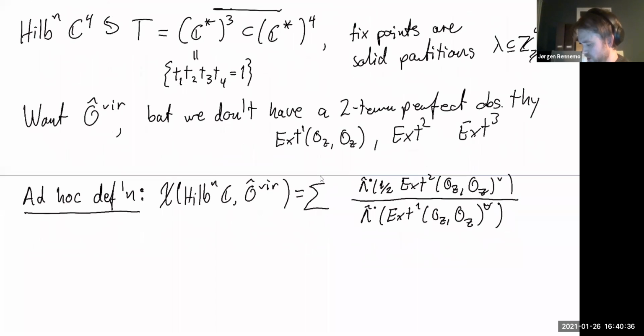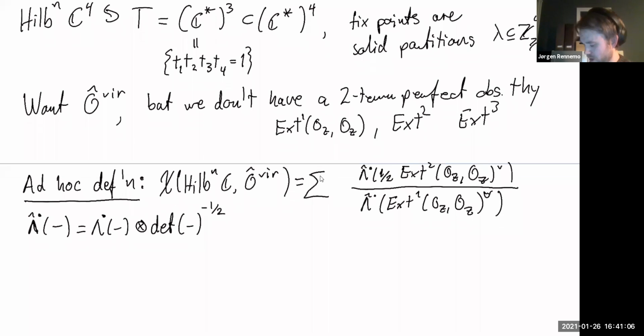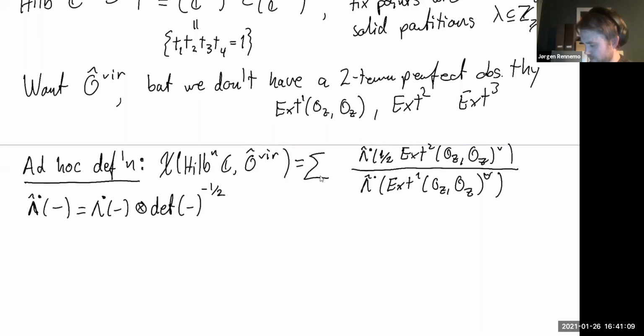I need to explain the notation here. The simplest thing to explain is that I've added a hat on my wedge bullet, which just means take the old wedge bullet and tensor it with something; again, this is a symmetrized wedge bullet. Anyway, it's not so important. The more subtle thing is that I've introduced this thing which I call half x2. What is this?